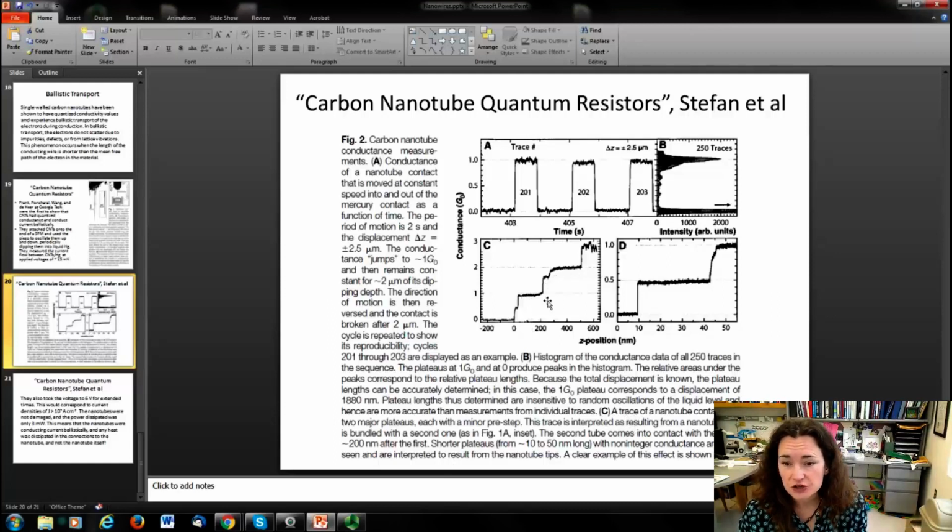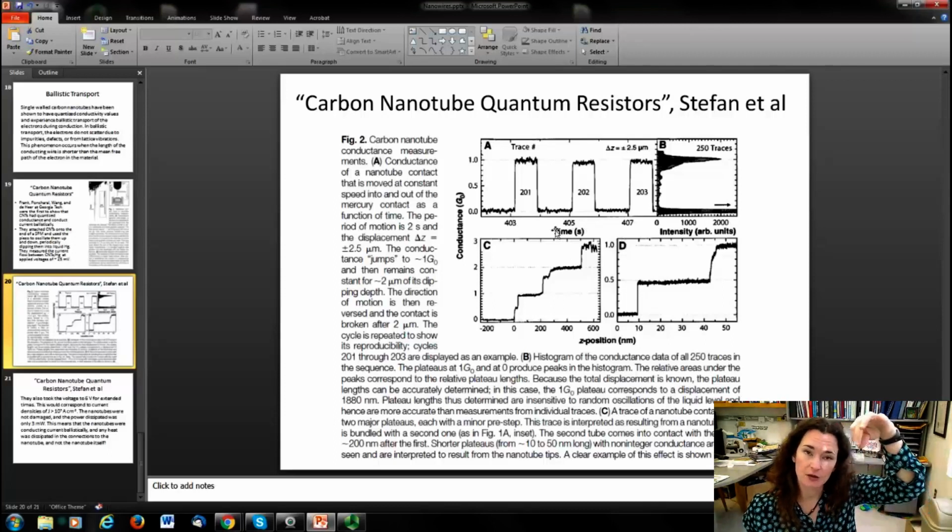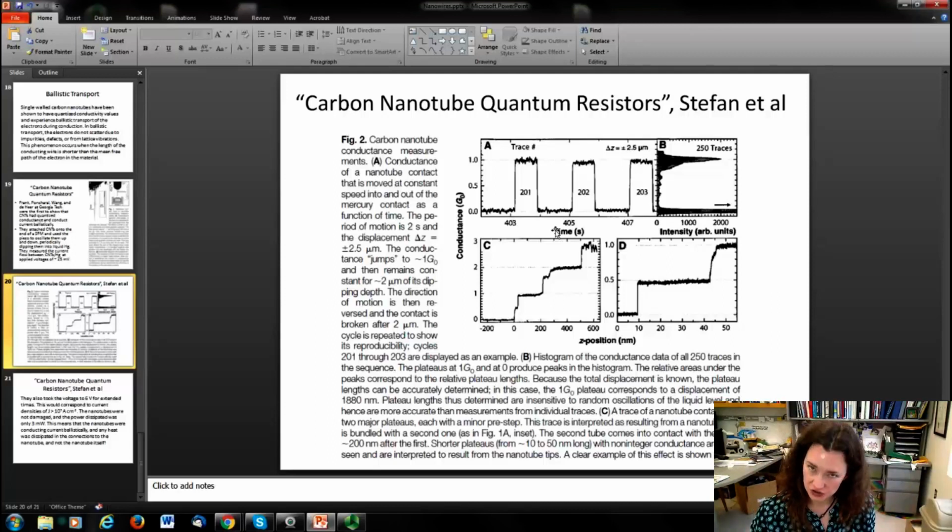So this is 1 nanotube at 1 G naught, and 2 nanotubes gives you 2 G naught, and then you can see from there maybe you have 3 and it goes on up. So each time you get more than 1 nanotube conducting, maybe they had several nanotubes bundled together, for example, it would jump in integer steps. So this very clearly demonstrates that they're getting quantized values of their conductance for the nanotubes.